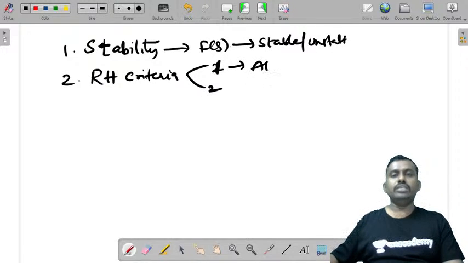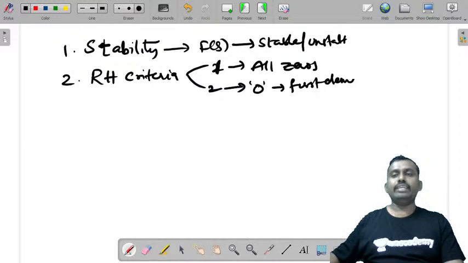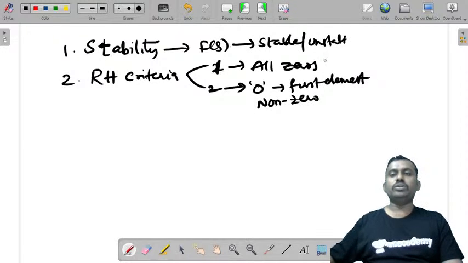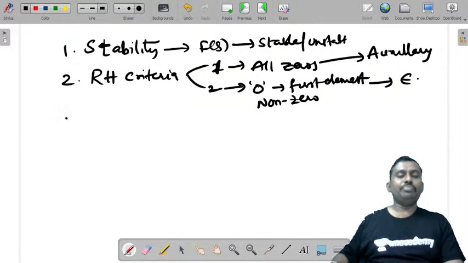One was all zeros, and we have seen what to do with that, and when there is only 0 at the first element and the other elements are non-zero, then we have seen what to do. In one case we have considered an auxiliary equation, and in the other case we have considered an epsilon and tried to solve and comment on the stability.